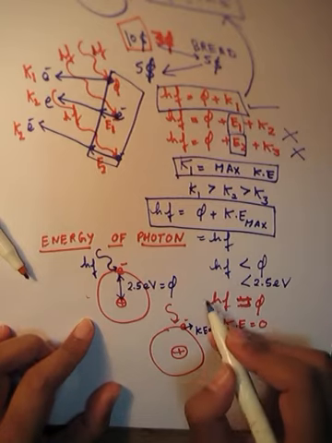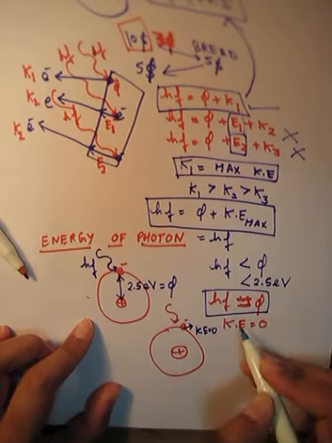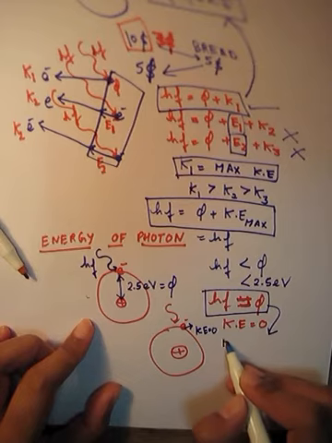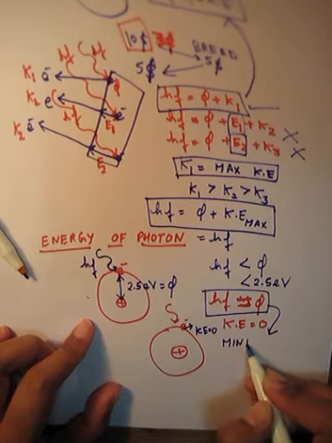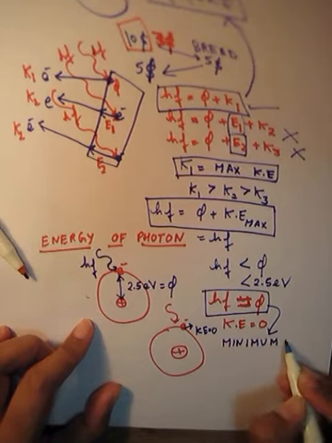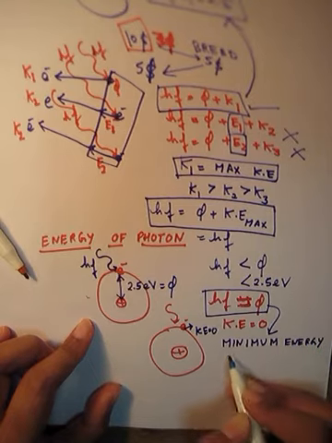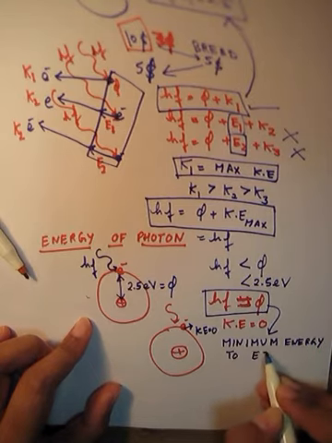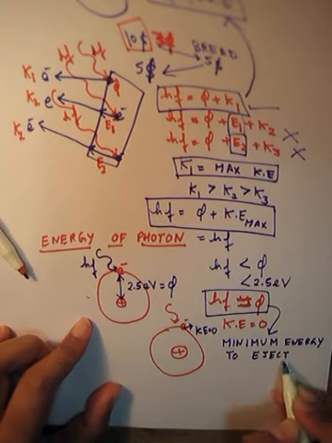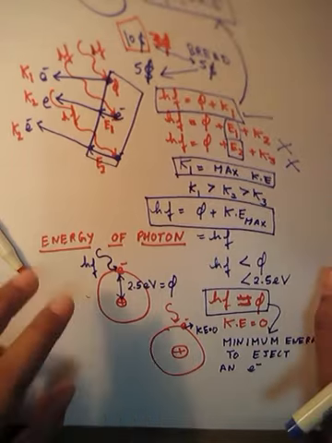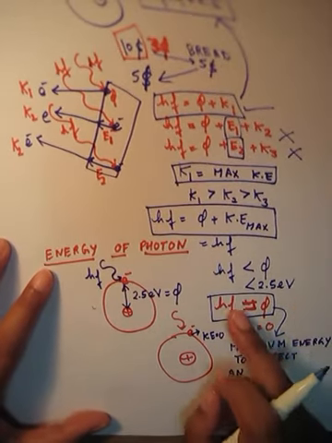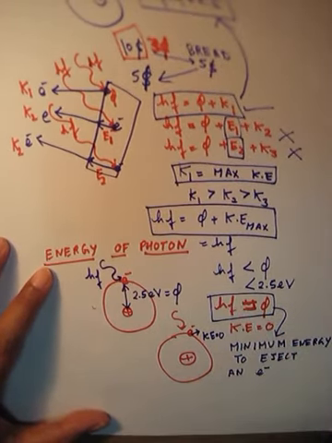So this should be the minimum energy to eject an electron from the surface of a metal. If this energy is less than this energy, the electron will not come.